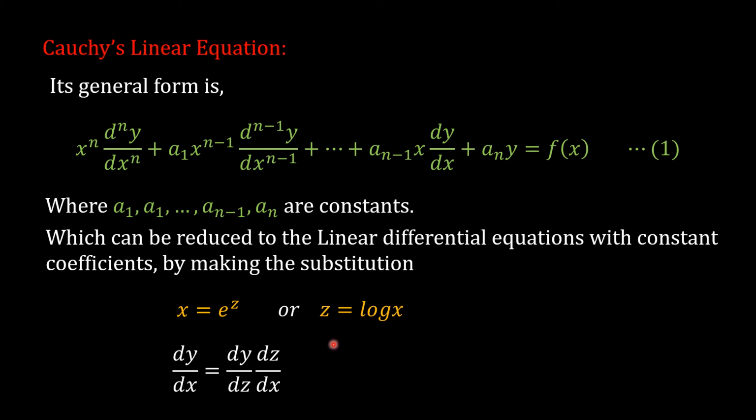z is log x, hence dz/dx is what? 1 upon x. Therefore, dy/dx becomes dy/dz into 1/x. What we want is x into dy/dx. Therefore, we will take this x on the left hand side. That will give us x dy/dx equal to dy/dz.